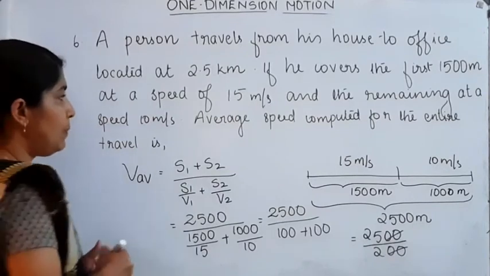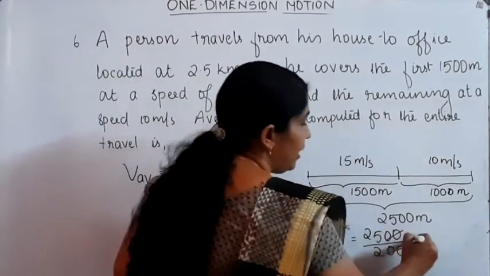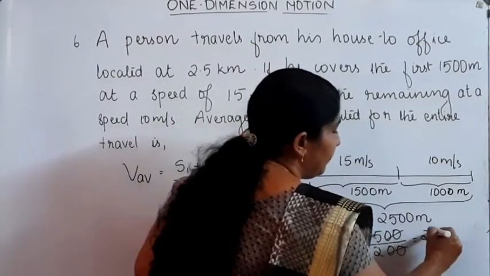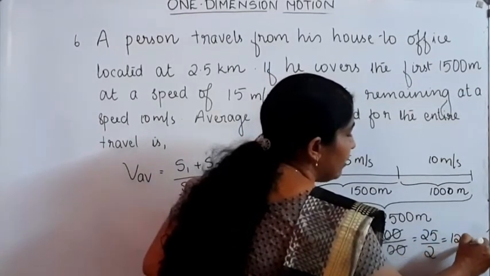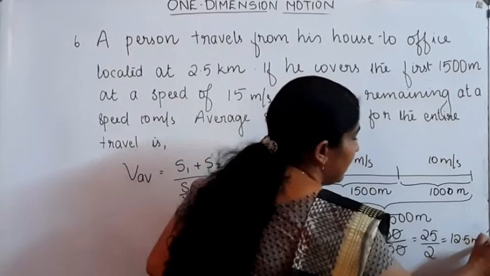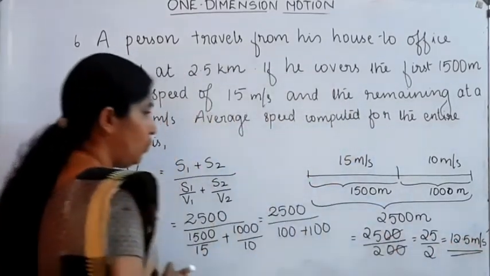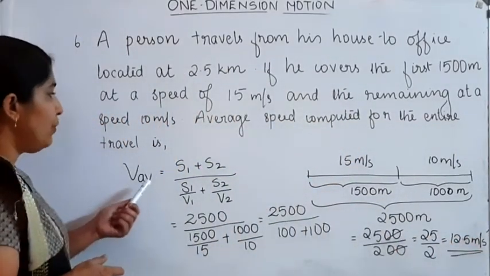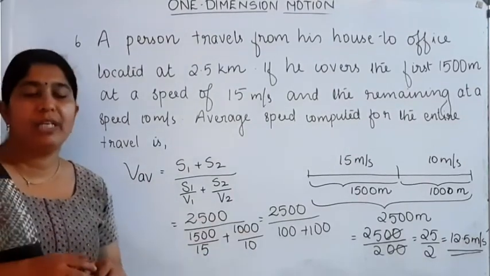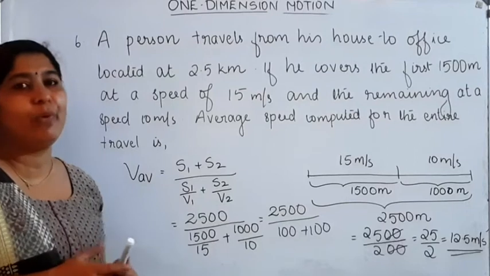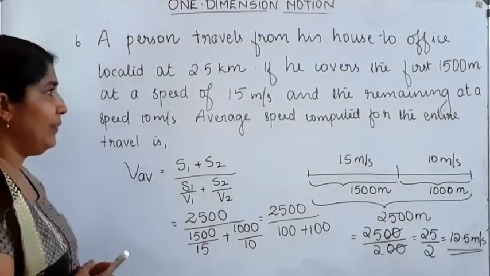Then the average speed V average is equal to 25 divided by 2, which is 12.5 meter per second. This is the average speed. If we know the equation to find average speed, it is very easy. Average speed is equal to 12.5 meter per second.